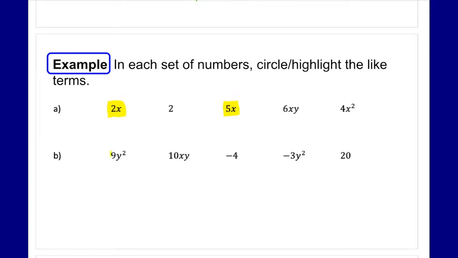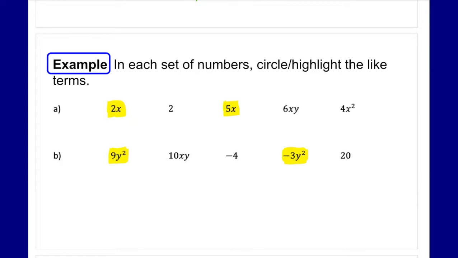If I start with the first one, 9y squared, do I have any other terms that have a y squared? 10xy has a y, but it's not squared, and it also has an x, so that's not a like term. Negative 4 has nothing. Negative 3y squared does have a y squared and only a y squared, so that makes it a like term with 9y squared.